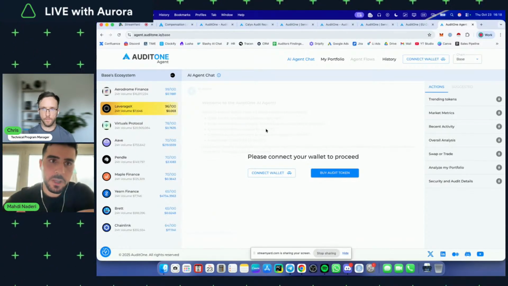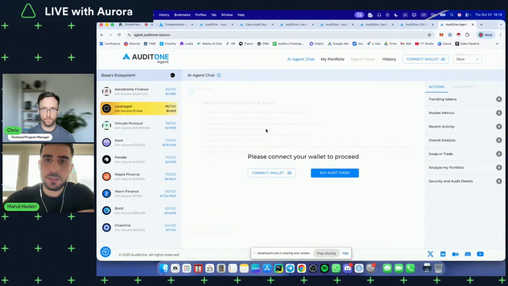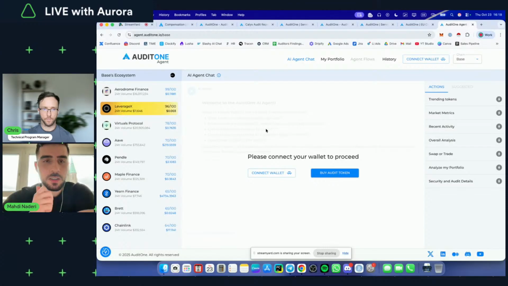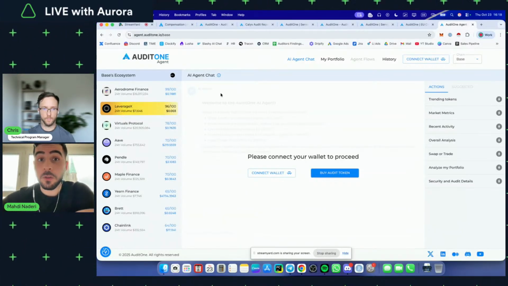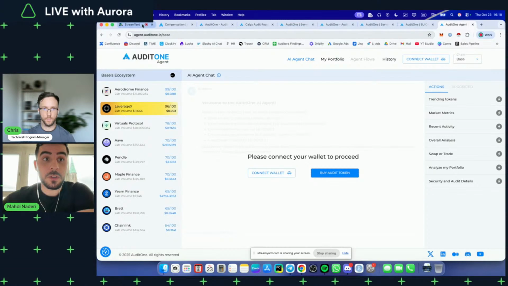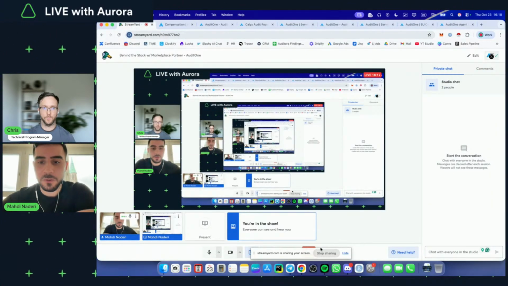So we have the agent, the compliance checker, and the AI system audits. There are some other things as well, but I think these are the main ones. Yes, a lot of services, like a full stack of auditing even.